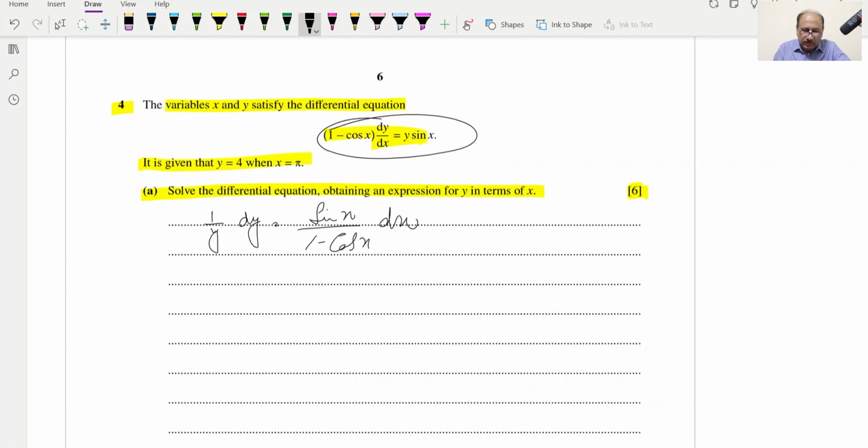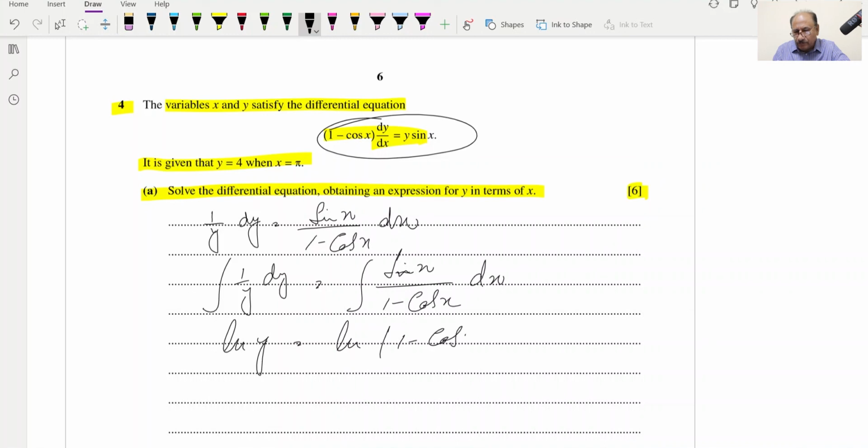Now we can integrate on both sides, so integral of 1 over y dy is equal to integral of sine x over 1 minus cos x dx, and when we take integral of this one will be what? Log of y will be equal to log of mod of 1 minus cos x plus c.